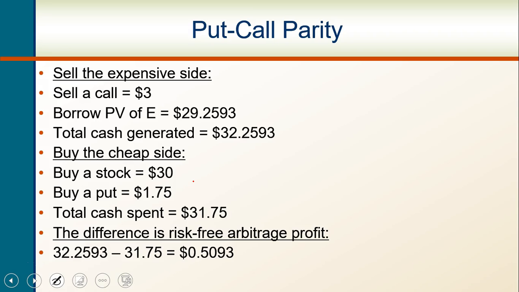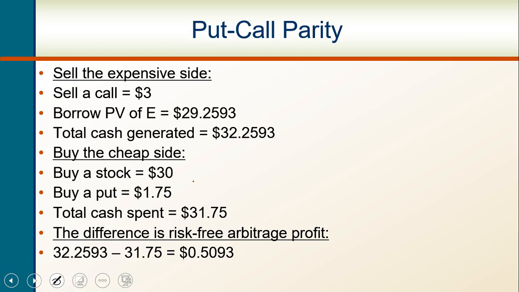We set up the protective put by taking some data for the Citigroup stock, and we looked at the payoffs, and then we set up an alternative strategy where we decided let's not buy a stock, let's buy a call option, and also at the same time invest some money which is equal to the present value of the exercise price.